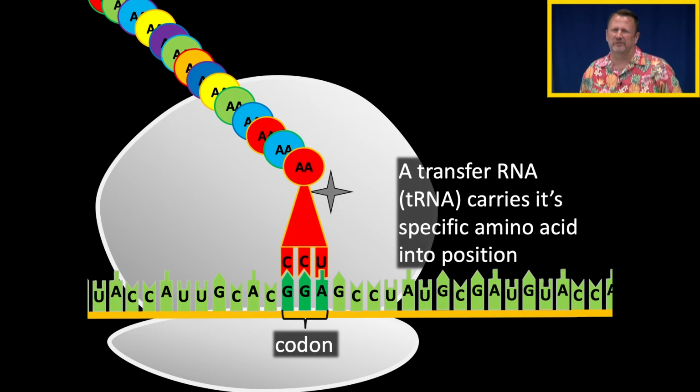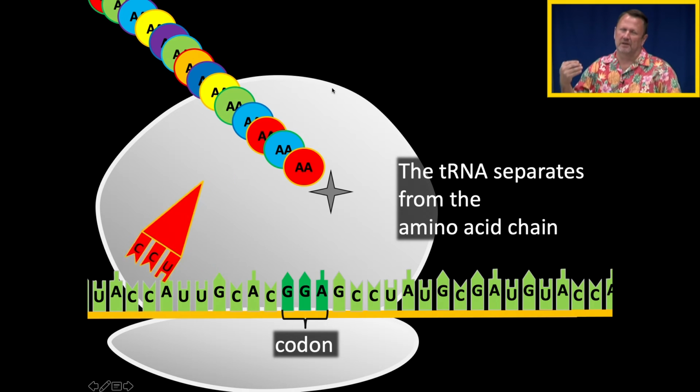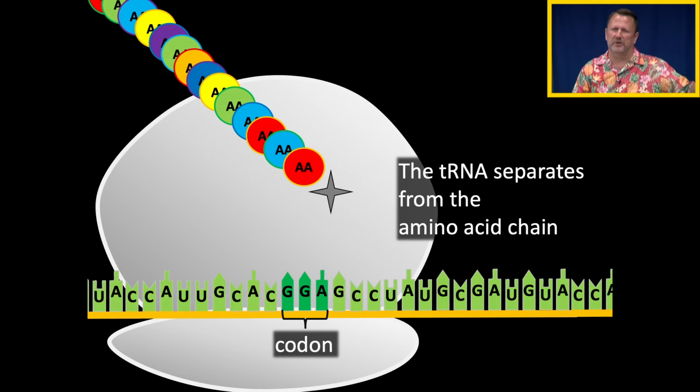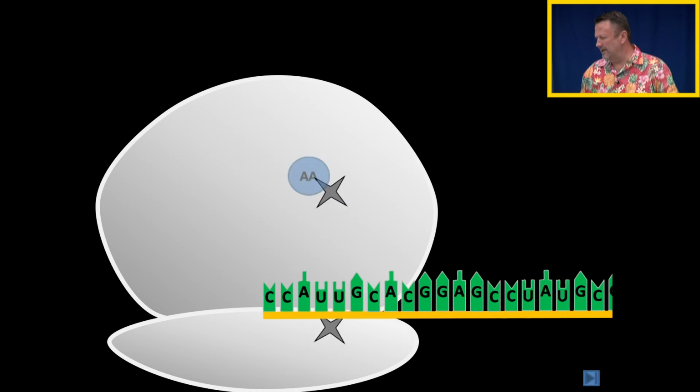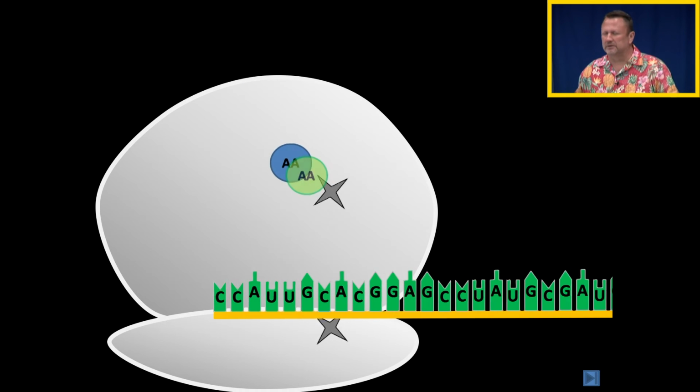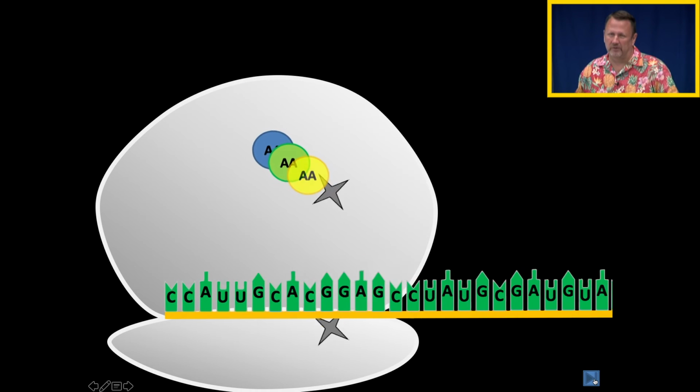Oh, there's the perfect code for GGA. It's CCU, because these are going to match perfectly like little puzzle pieces spontaneously. They don't have to go look for it. It's just like, oh, there it is, stick. And puts the amino acid right in the perfect place. Once the amino acid has made its peptide bond, the transfer RNA is sent away. And that's how this occurs. Right? Made ridiculously simple.